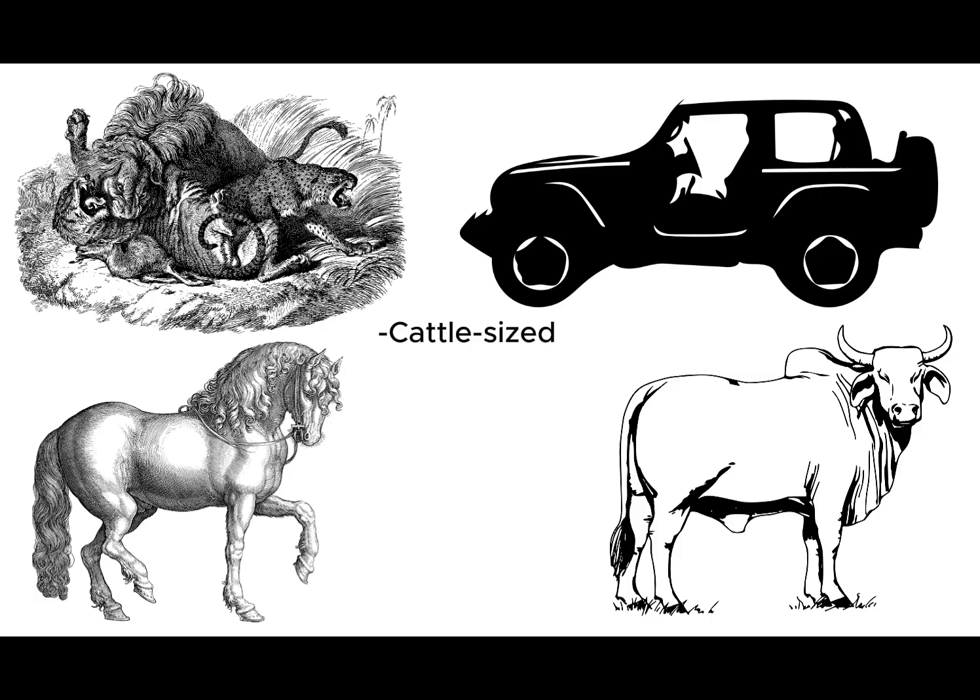I sort of think that long things like anaconda or crocodile would also fit into this category. I guess you can decide whether height or weight or a mix of both is the qualifying factor for some of these. But for cattle-sized, it's generally things that are one step above human.